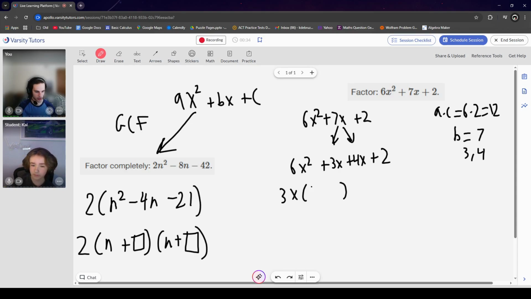Actually, this might help to illustrate it better. I'm going to split 6x squared up into 2 times 3 times x plus 3 times x. So you see that 3x is shared, and that's what we're pulling out.